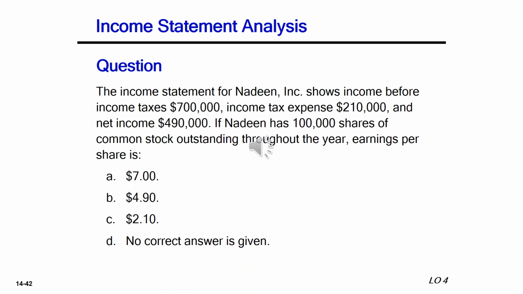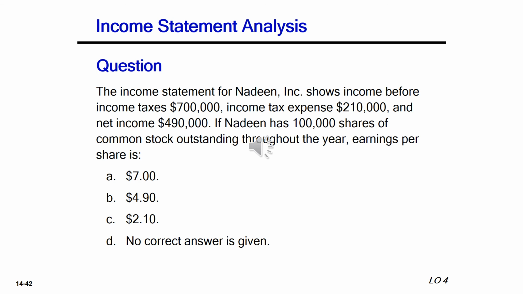Let's try to calculate EPS with this example here. It says the income statement for Nadine Incorporation shows income before income taxes of $700,000, income tax expense of $210,000, and net income of $490,000.